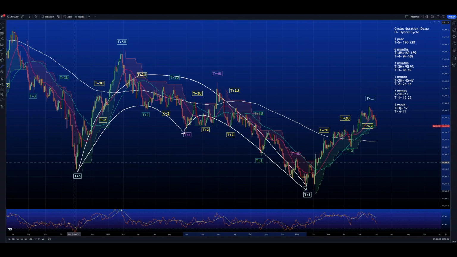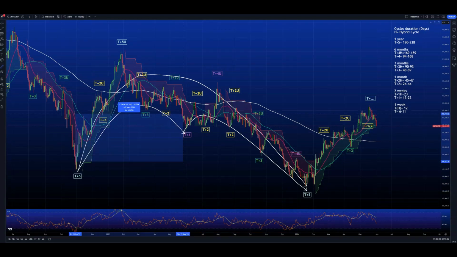And if we gauge the total duration, we can see that we have had 150 days for the first T plus 4, according to our duration, which is between 94 and 168 days, considering a T plus 4 and not a T plus 4 hybrid, which are definitely seldom cycles that can happen.